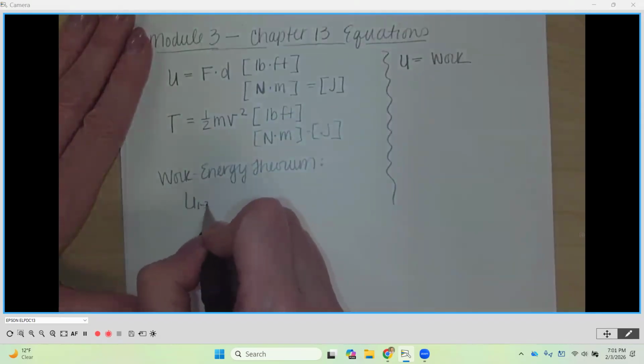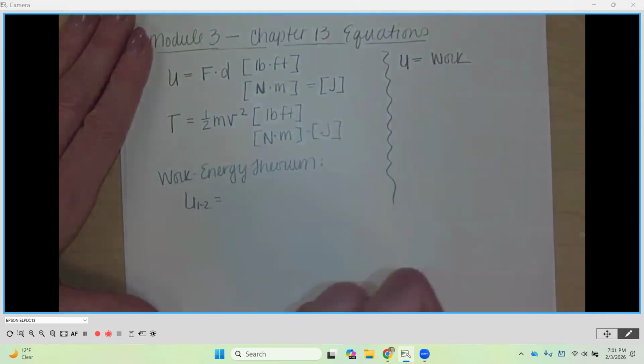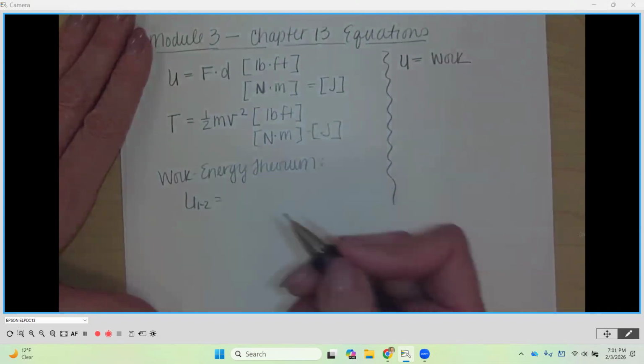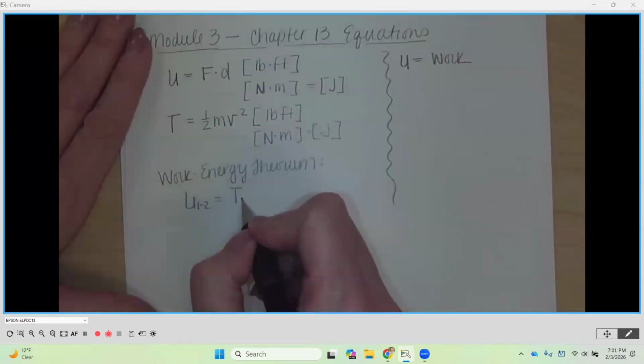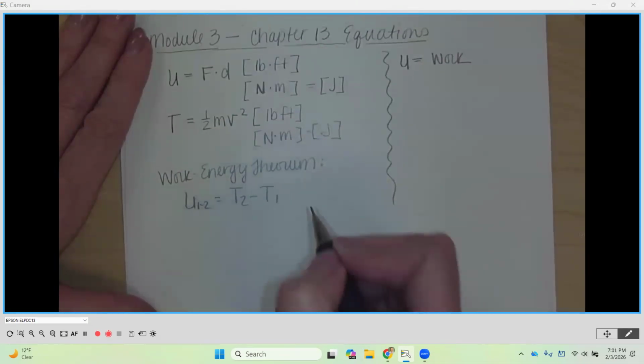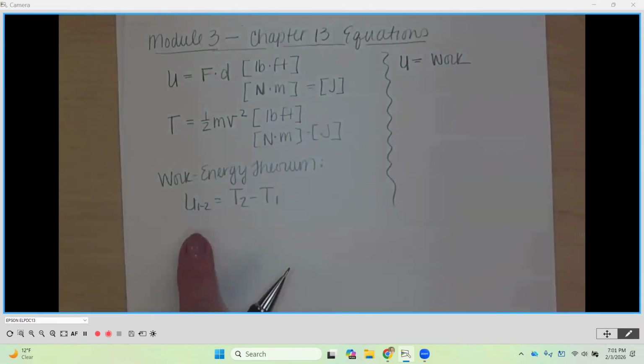We're going to say that work is done when we have a change in kinetic energy. So we're going to say T2 minus T1 is equal to work from state 1 to 2. Your ones are like your befores or your initials, and your twos are like your afters or the end or the finish, if you would.